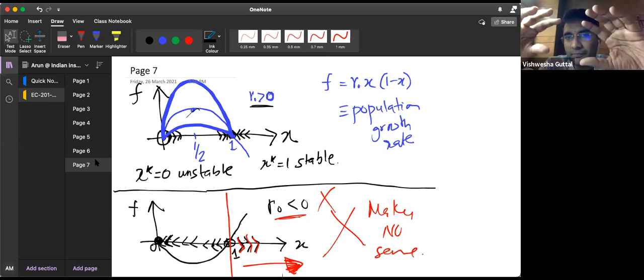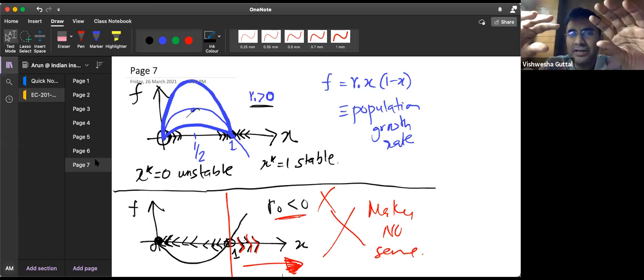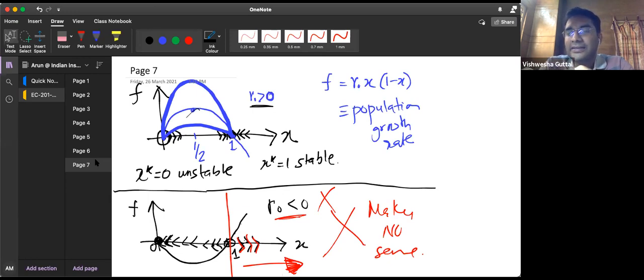But what's also important is the fact of the numbers you're dealing with. If the numbers are large, these models are fine because I can think of population density instead of population numbers, which means that I can deal with fractional numbers. It's not a big issue if I'm dealing with non-integer numbers in terms of densities.